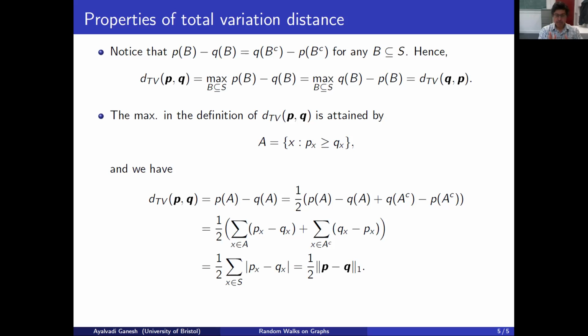If you want to visualize it, if you represent P and Q by their coordinates in Rn, then P is some location in Rn, Q is some location in Rn. The Euclidean distance is the length of the straight line joining P and Q.